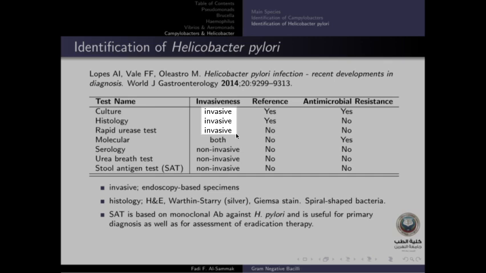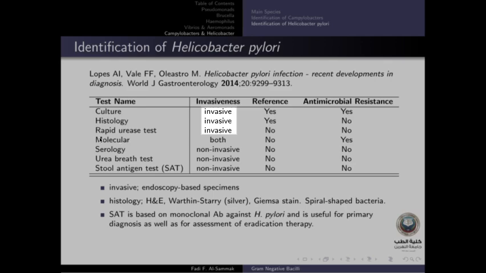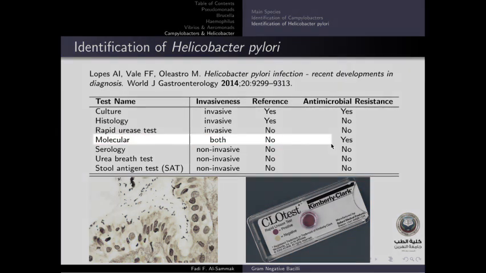In addition to that, we have the molecular test. It is listed as both invasive and non-invasive. Why is that? Because in molecular methods we can take the biopsy and do molecular tests, or we can take saliva, for example, which is non-invasive. Therefore, it is both invasive and non-invasive.